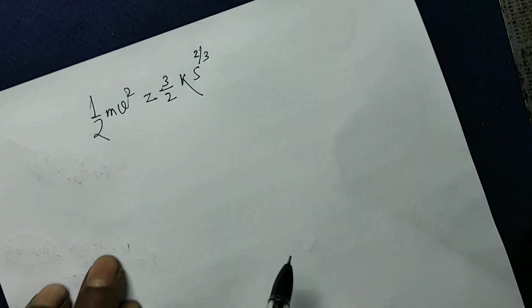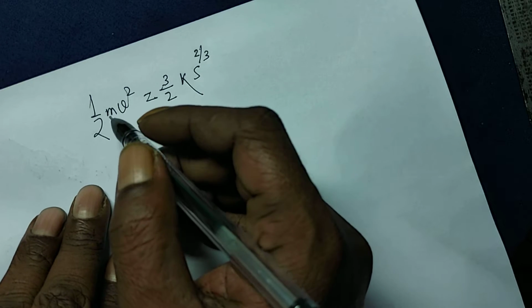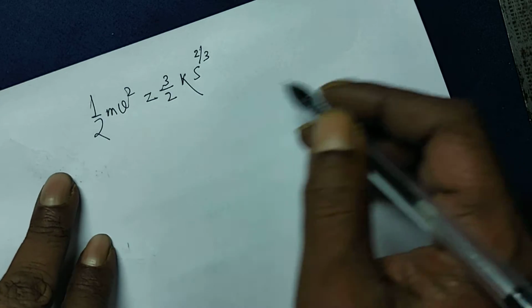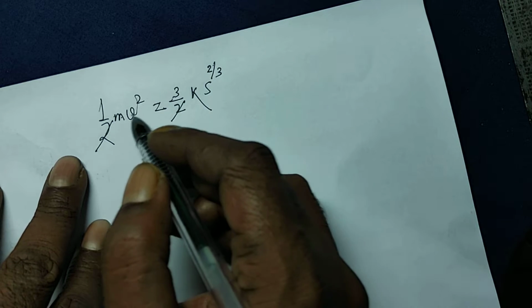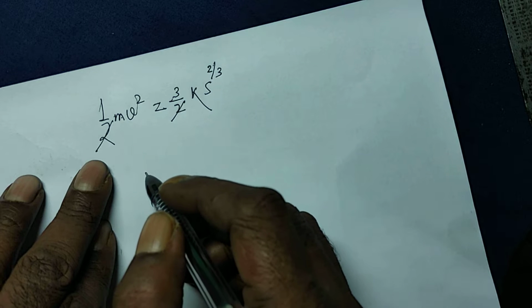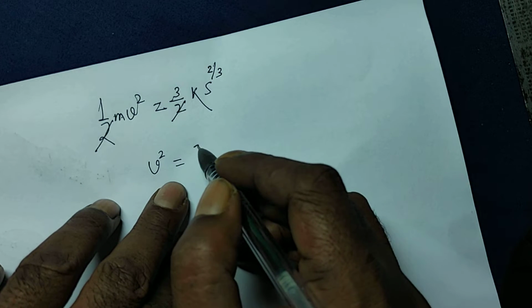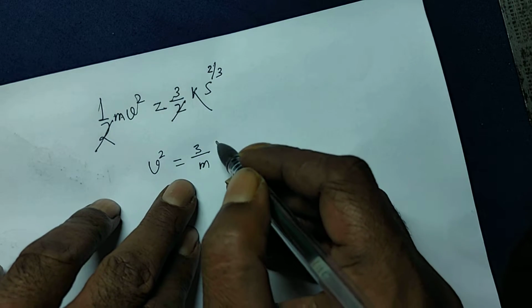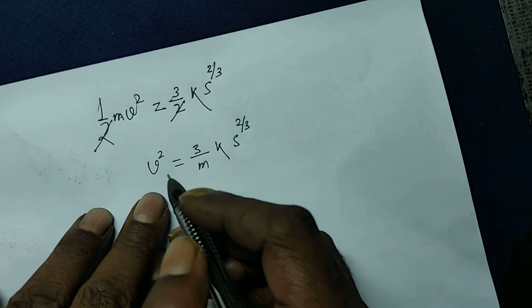Now, so what is the conclusion? These 2 cancel. M multiplied goes to the other side, it will be divided. So we are left with v square. So your v square is equal to 3 by m k times s to the power 2 by 3.